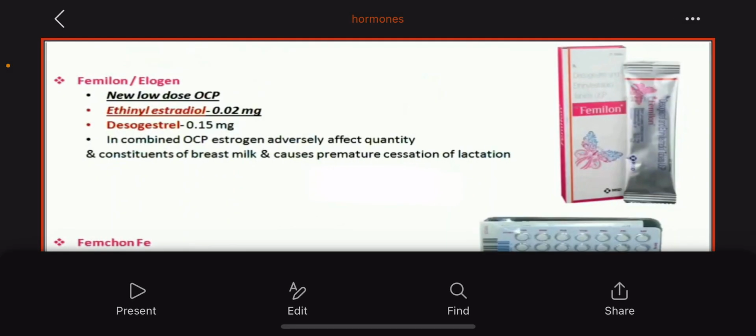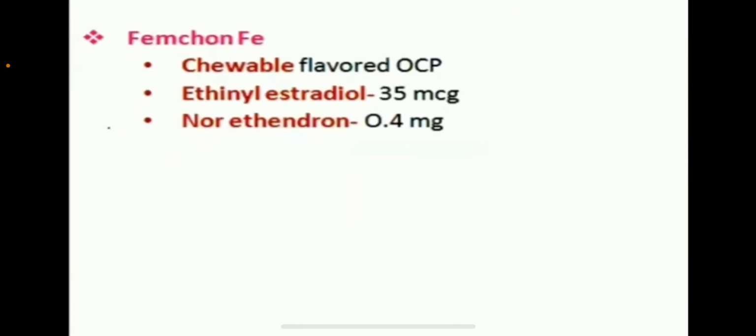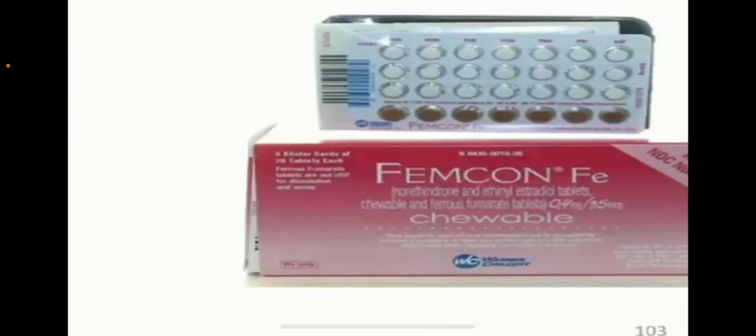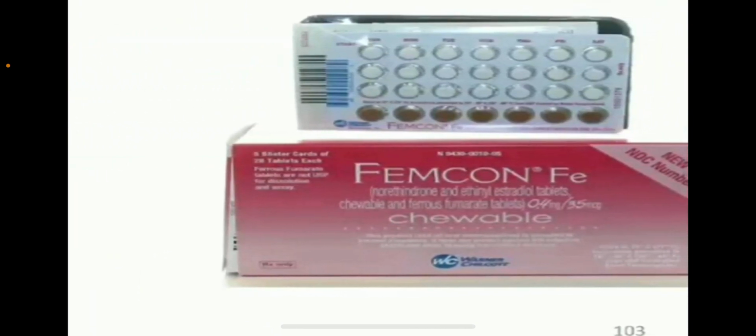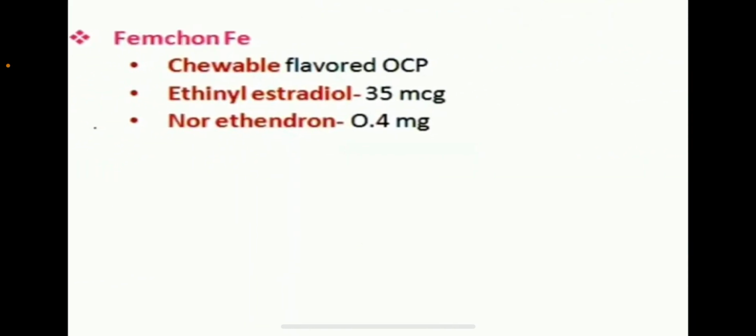Moving on to the next OCP, that is Femcon Fe tablets, which also contain iron. So Femcon is a chewable flavored OCP. Ethinyl estradiol is 35 mcg and norethindrone is 0.4 mg. We didn't find any question on this, but we can't say anything can't come up.